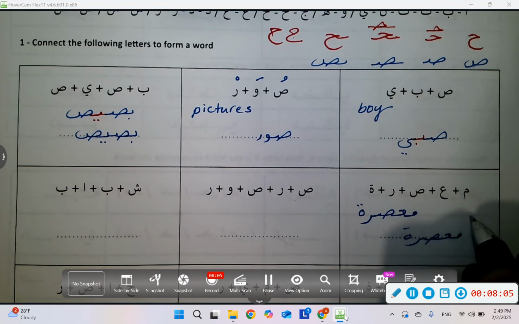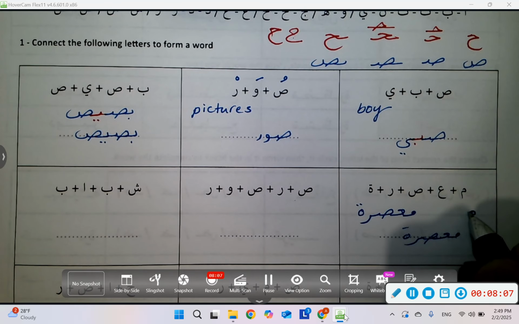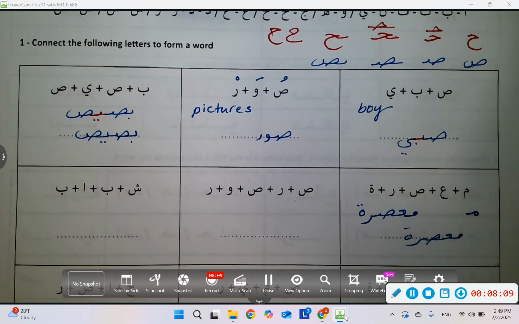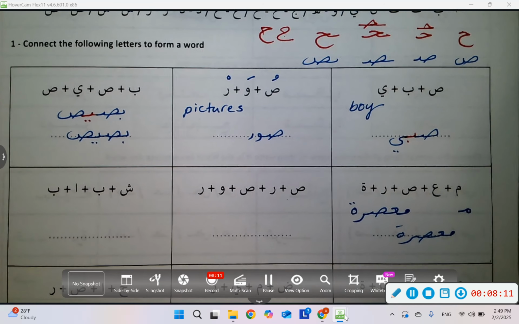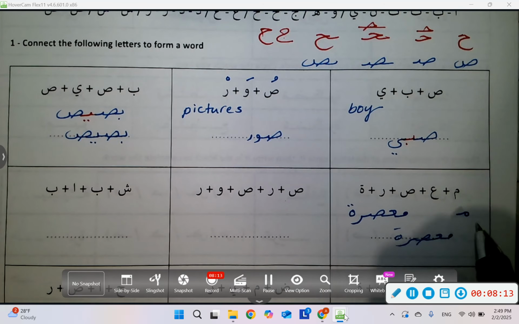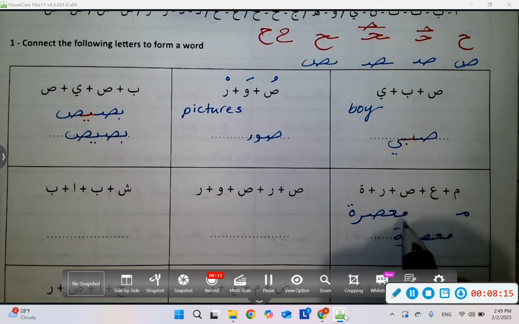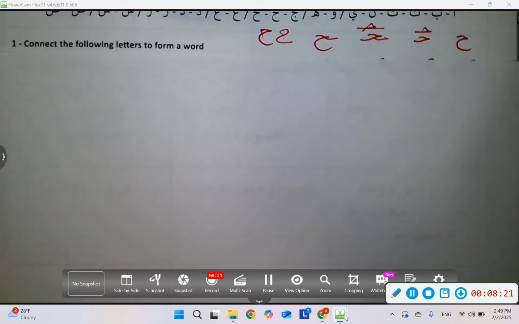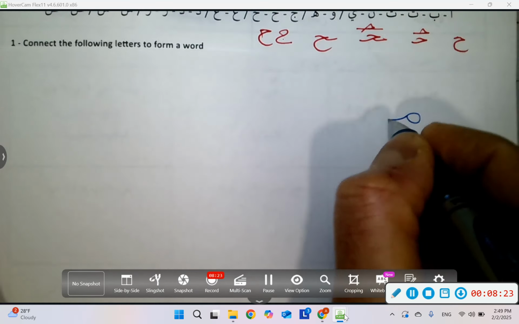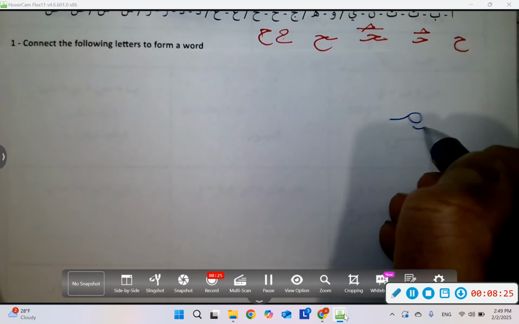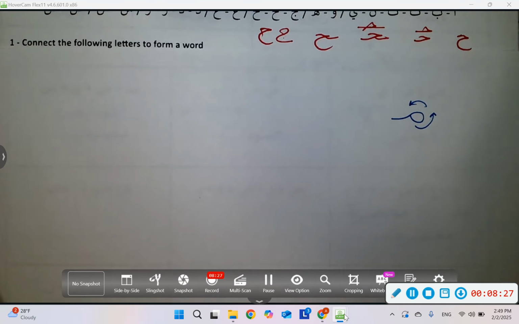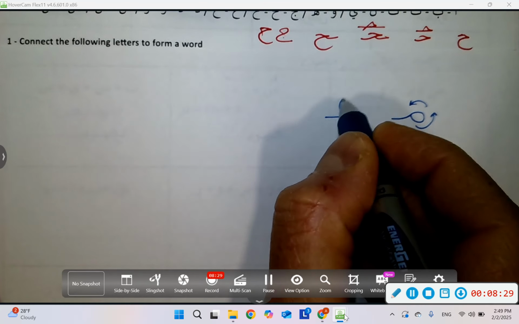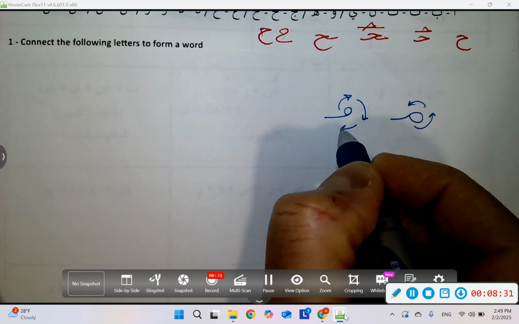Also, the meme at the beginning, it can be written in two ways. We're going to talk about that when we arrive to meme, but it's good to know from now that at the beginning of the word, you can roll the meme from the bottom, you can roll the meme from the top. Let me show you here. You can say meme, start from here, and you can say meme, start like this.